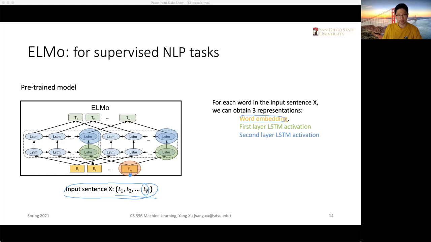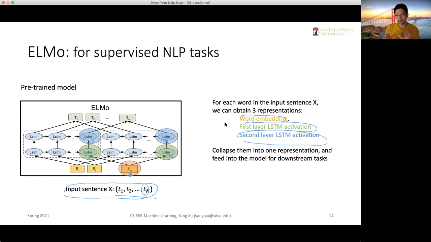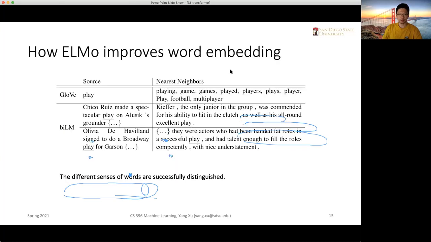Then at the first layer, we will have the first layer LSTM activation, and then the second layer LSTM activation. These are the representations returned by the model, and then we can combine, somehow collapse them into one representation, and then feed the collapsed representation to the downstream tasks, which can be a binary classification, or a multinomial softmax classification model, depending on what tasks we are interested in.